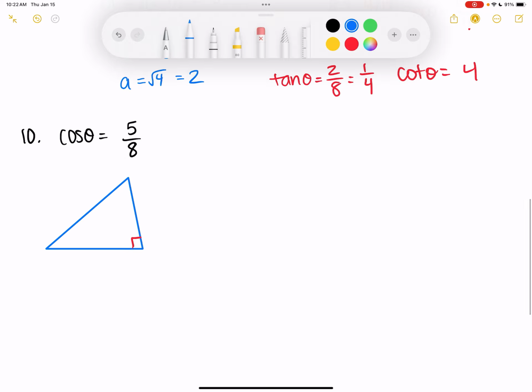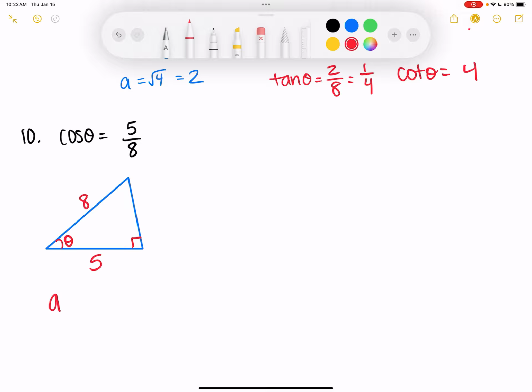How do you know which one is which? You're just going to have to choose. But I typically am going to choose this to be theta down here just because it's easier to see, in my opinion. But that's just personal preference. It's just the way I've always done it. You could choose this one up here. It just is going to change where you put your stuff on your triangle. So 5 goes here, 8 goes here. I need to find the other side.